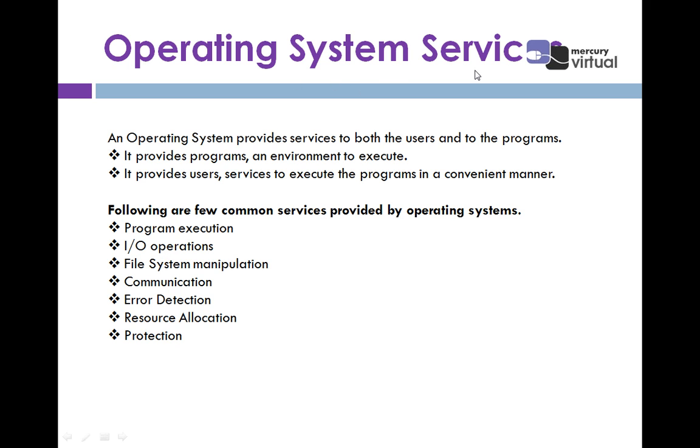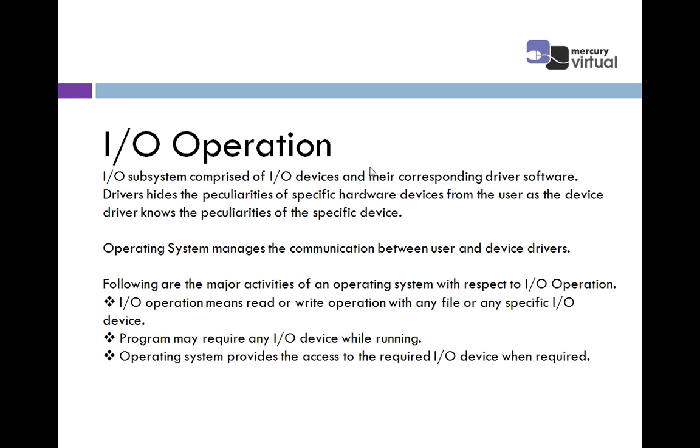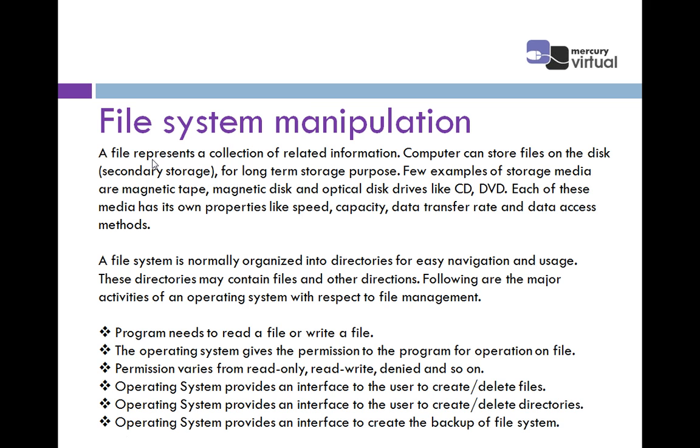Now, next topic is operating system services, means what are the services that are provided by the operating system, and these include all the following activities: program execution, input output operations, file system manipulation, and so on. Program execution means how to execute the program, when to use the input, when to use the output.